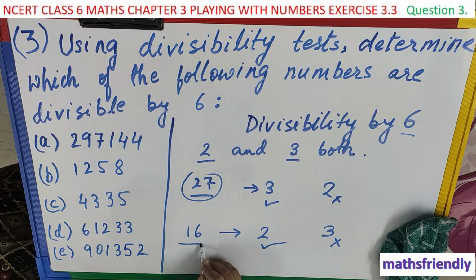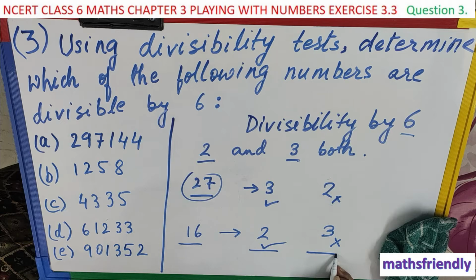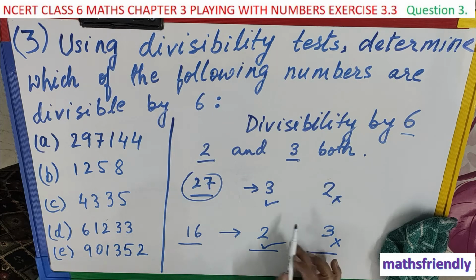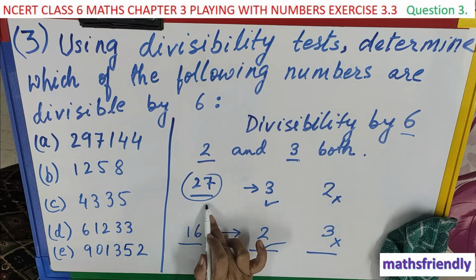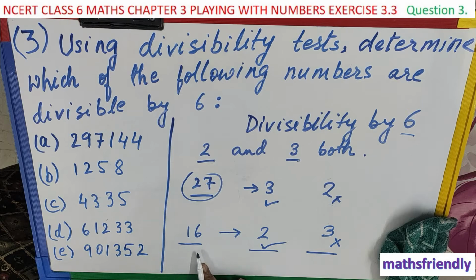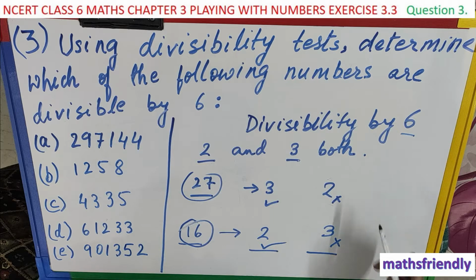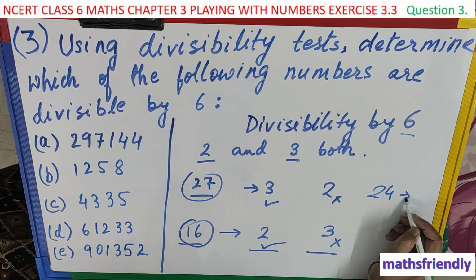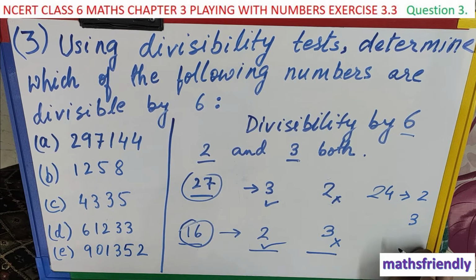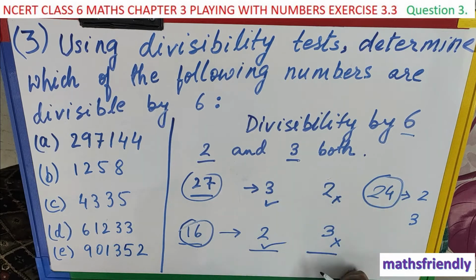It means 16 is not divisible by 6, because if a number is divisible by 6, it has to be divisible by both. So you have seen the number should be divisible by both. See, 27 is not divisible by 2 and 16 is not divisible by 3, so these numbers are not divisible by 6. But see, 24 is divisible by 2 and also 3, and it is divisible by 6 also.